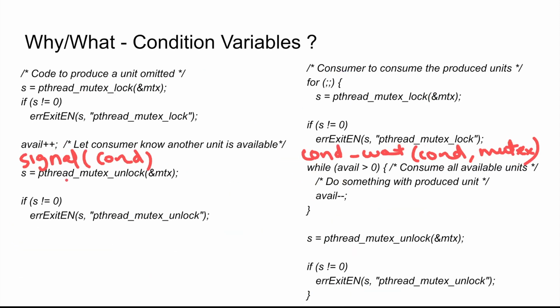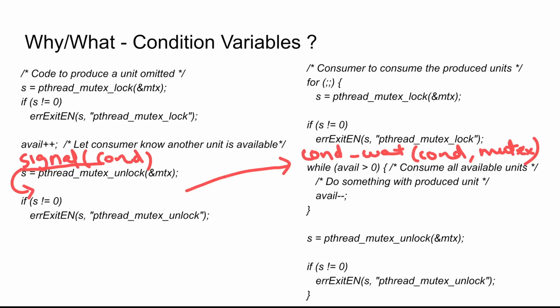It is also important to note that this signal could have happened after the mutex unlock as well. If we do a signal after the mutex unlock, then the mutex locking that happens within the condition wait would happen immediately.